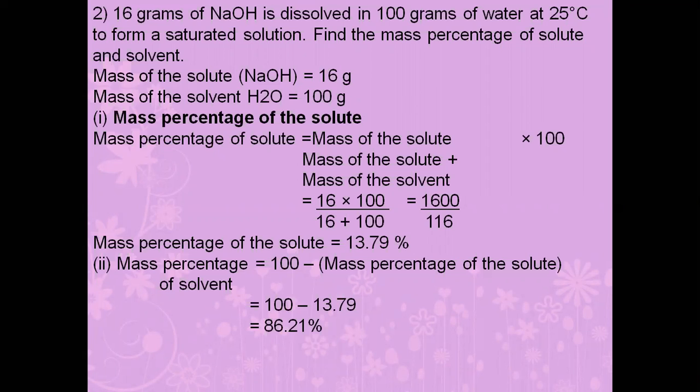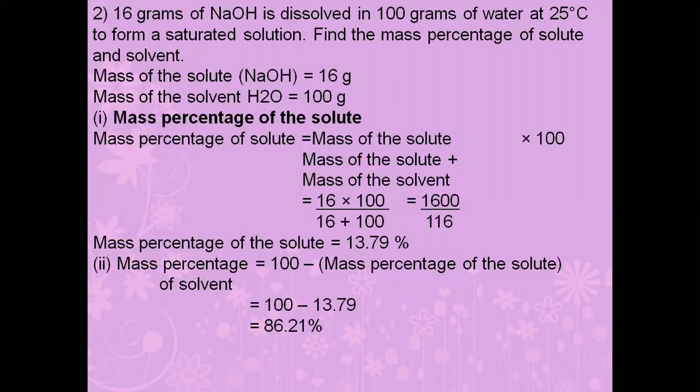So what is the formula? Mass of the solute divided by mass of the solute plus mass of the solvent, that is the mass of the solution. So the mass of the solute is 16 gram, because the sodium hydroxide is dissolved in water. So water is a dissolving agent, so water is the solvent and sodium hydroxide is the solute.